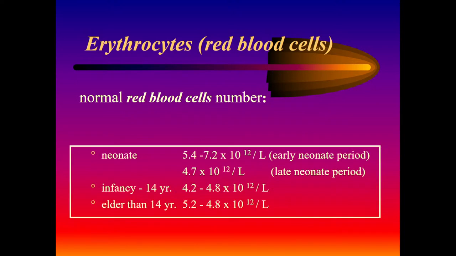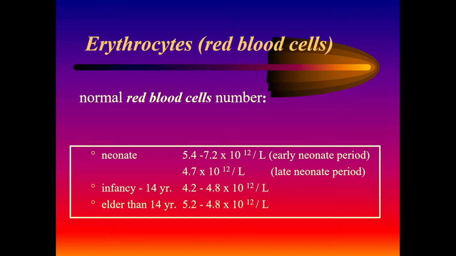Red blood cell number in different ages has different parameters, especially in the neonatal periods. The early neonatal period, if you remember, is from birth during the first 6 days of age, and the red blood cell number in this period is between 5.4 and 7.2 times 10 to the 12th per liter.